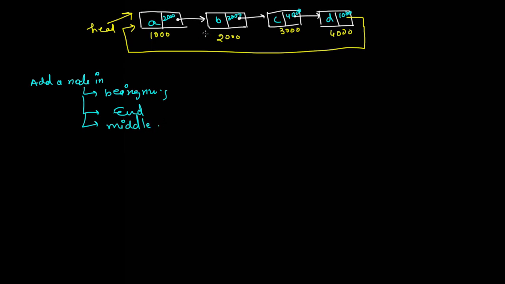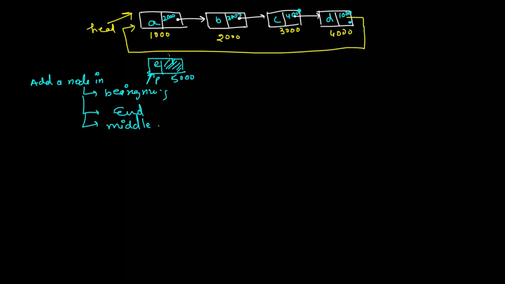Okay, now if you want to add a node in the middle of the linked list, then what are the operations which you need to perform? So let us suppose this is the newly created node. Okay, and this node is pointed to by P, so initially this part will be null, and it is storing some data E. So now if you want to add this node at the beginning of the linked list, then what you have to do is you have to store the address of this node to this position.